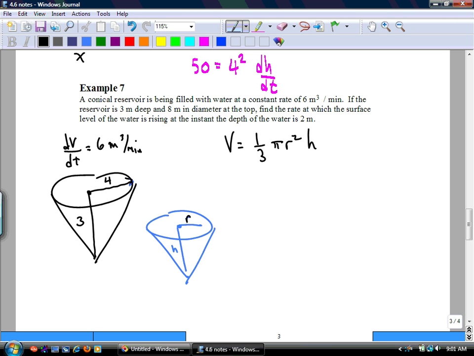You could write 4 is to R as 3 is to H. You could write 4 is to 3 as R is to H. You could write R is to 4 as H is to 3. I'm going to stop right about there. I tend to like my variables in the numerator, so I will write R over 4 is the same as H over 3.